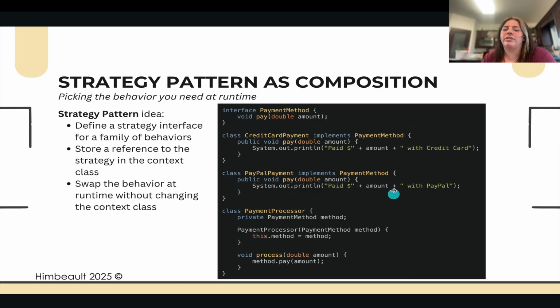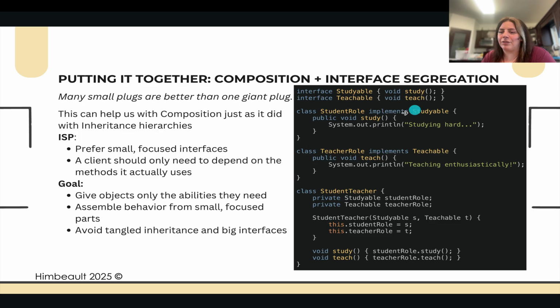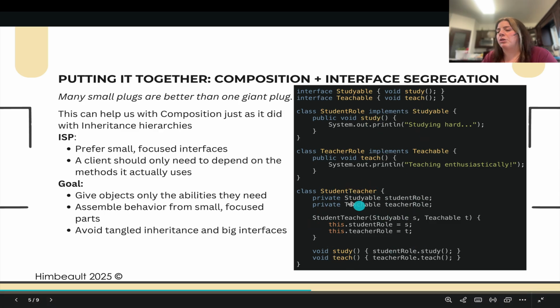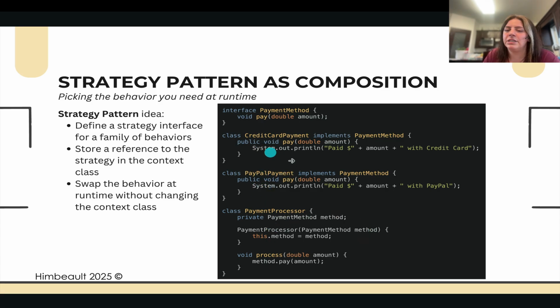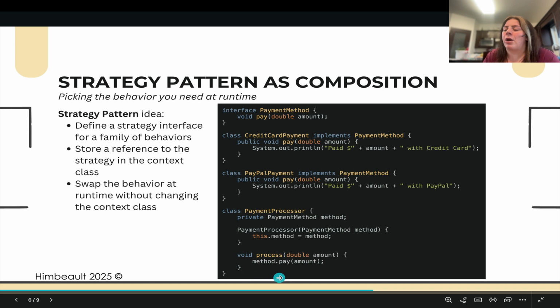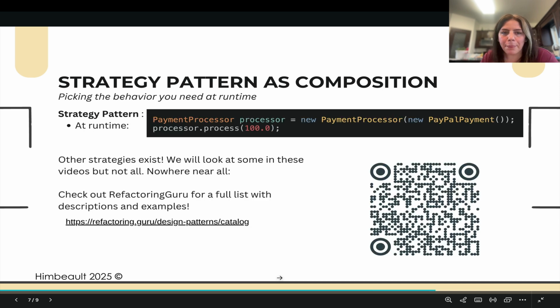This composition, of course, does still have this implements. But keep in mind, so did this one as well. The difference being where the work is actually being called from the front end, or where it's actually happening: potentially inside student teacher over here, potentially over here inside payment processor, right? We don't interact directly with either of these from the front end. We run everything through a third party, a payment processor.